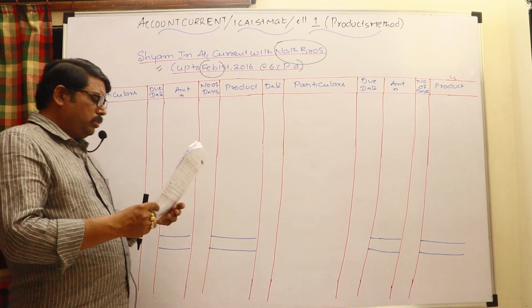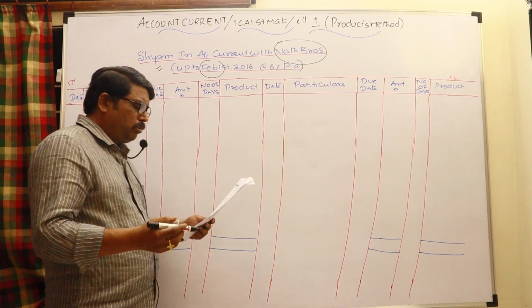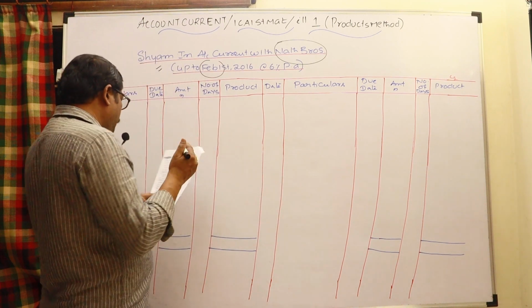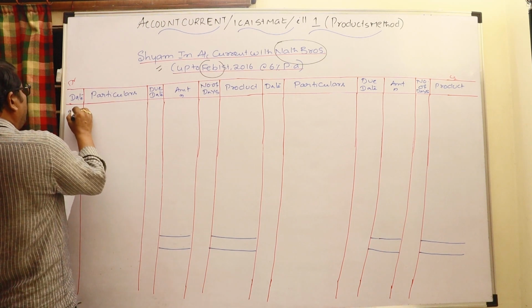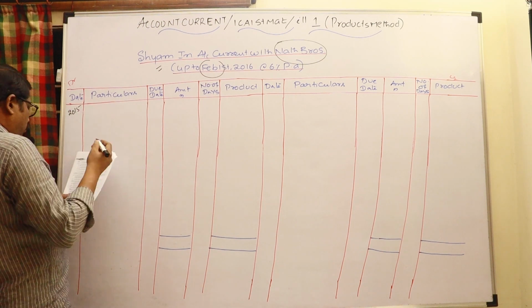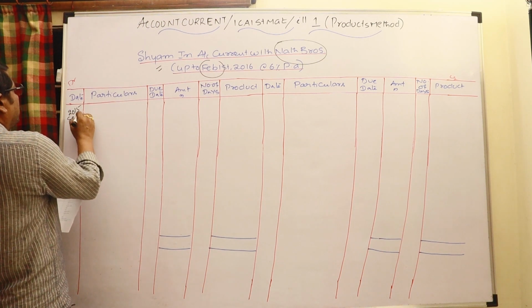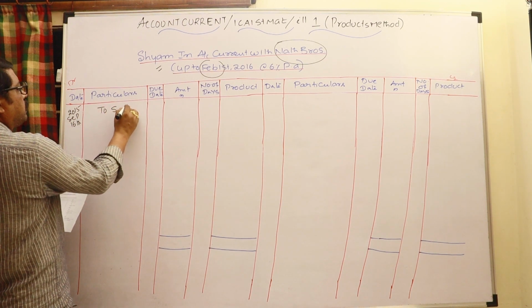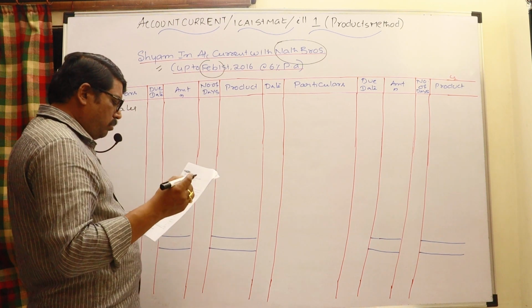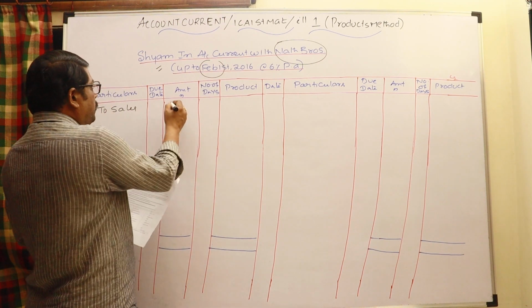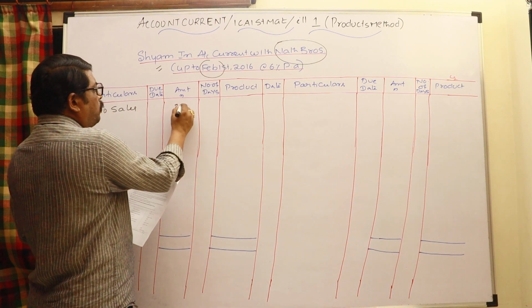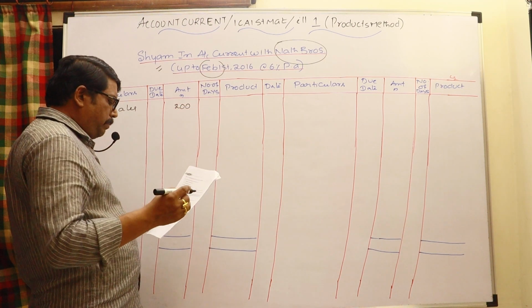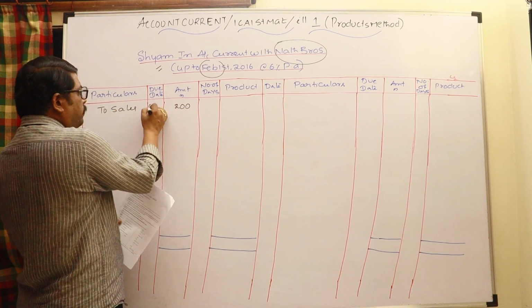Look at 2015 September 16th, goods sold to Shyam. Entry: Shyam account debit to sales. In the Shyam account you write to sales, amount 200 rupees. A separate due date is given, October 1st.